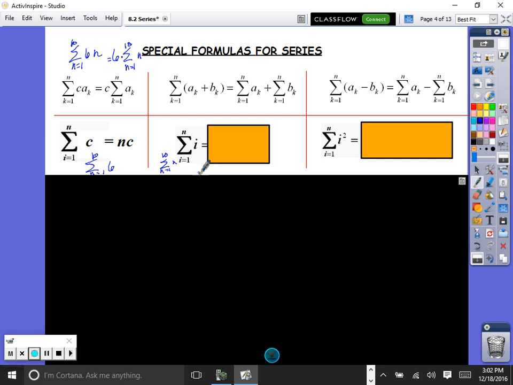So it would be 1 plus 2 plus 3 up to 9 plus 10. It says take the first term, however many you have, times one more than that and divide by 2. So this would be 10 times 11 divided by 2 would give me 55. This should all add up to 55.